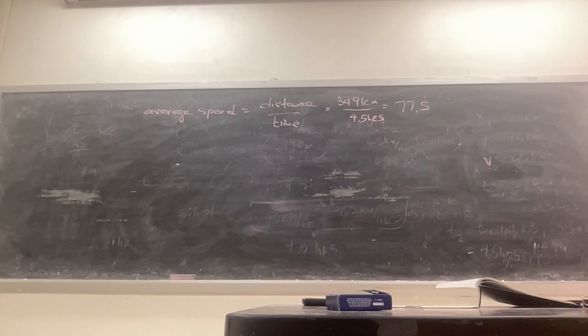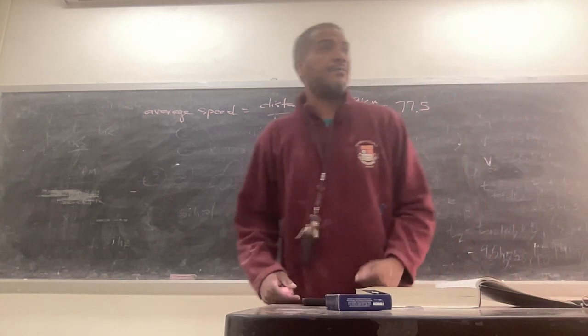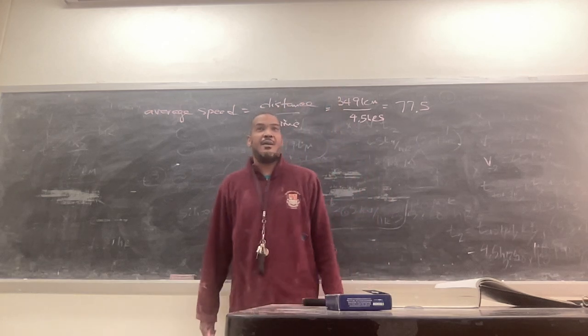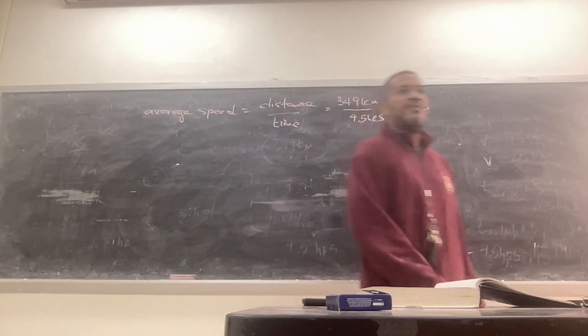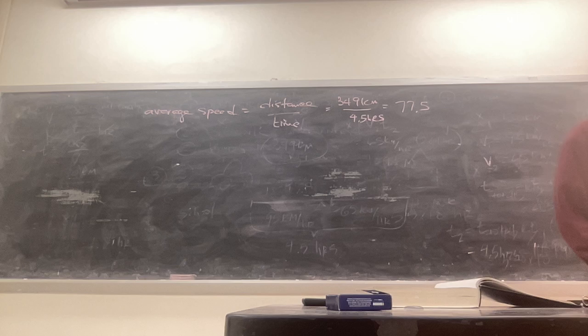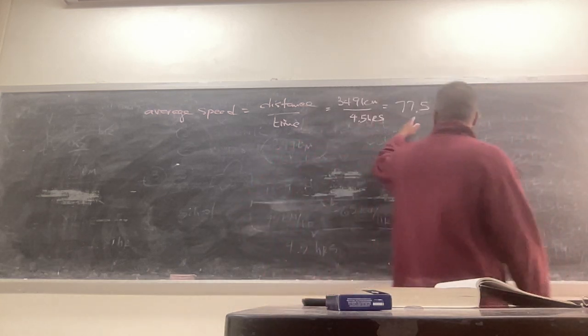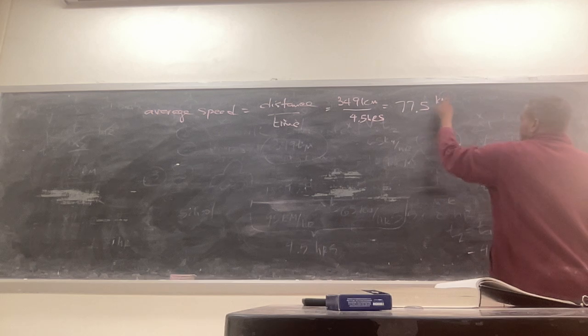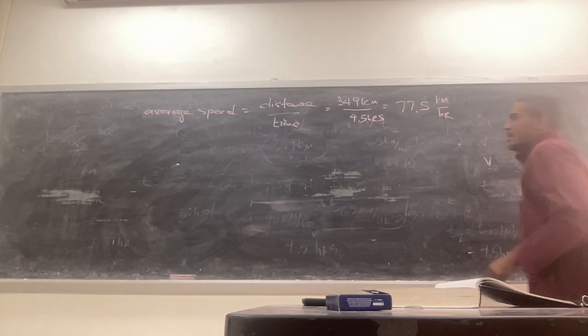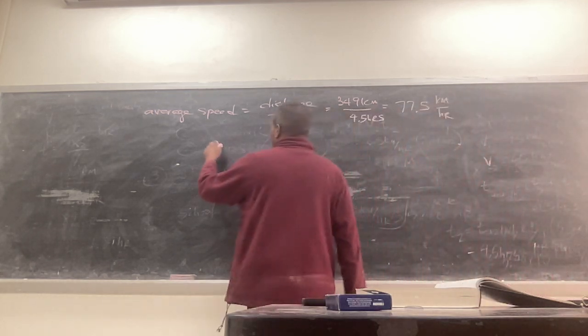So what's the other way we can solve for the average? We talked about it at the beginning. Add the two speeds and divide by 2. Right? So this is 77.5 kilometers per hour, right? And let's see if it works out.